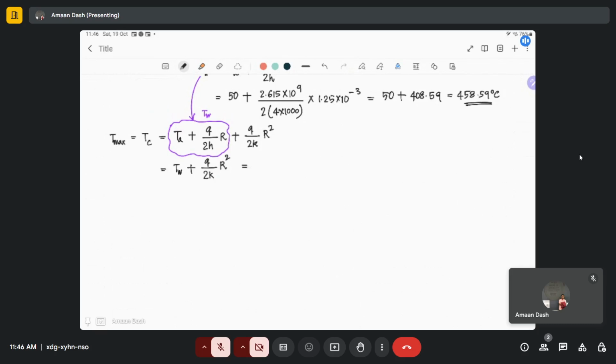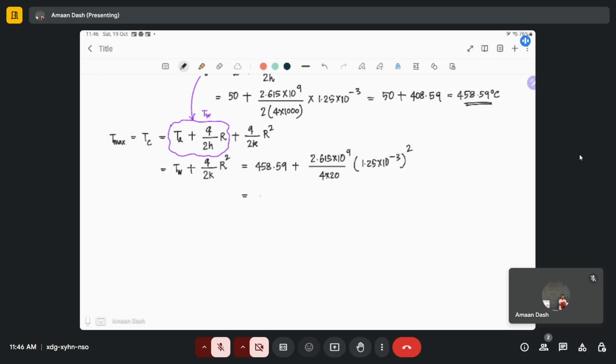So this is equal to 458.59 plus, this is again 2.615 times 10 to the power of 9, and this divided by 4 times 20, and then again we have the radius that is 1.25 times 10 to the power of minus 3 square.